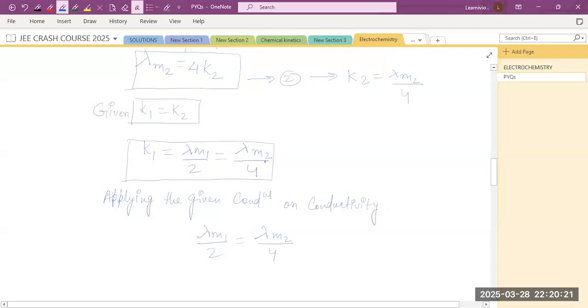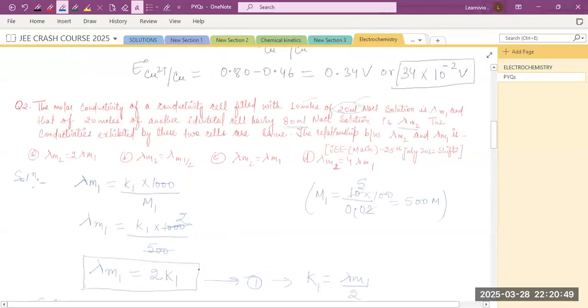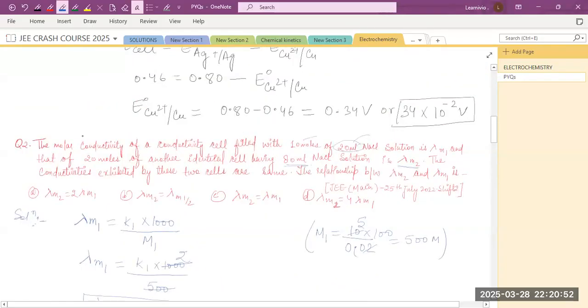Because all three are equal, we can take this equals to this. So from here, the 2 and 4 will cancel out, and lambda m2 will be equals to 2 into lambda m1. Now check which option is correct. Lambda m2 equals 2 lambda m1, so it's option A, it is correct.